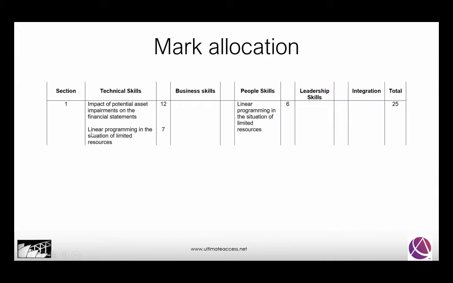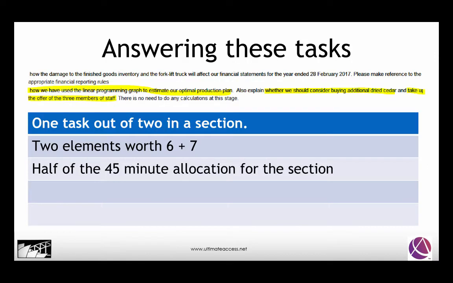In this particular scenario, we're looking at the 7 marks for technical skills, 6 marks for people skills. Sometimes this mark allocation isn't easy to spot. Sure, we would know that there would be 2 elements within the task, and the fact that one's worth 6 and one's worth 7 is quite normal, because we know that they will split it as evenly as they can, and obviously 13 doesn't split precisely into 2 round numbers.